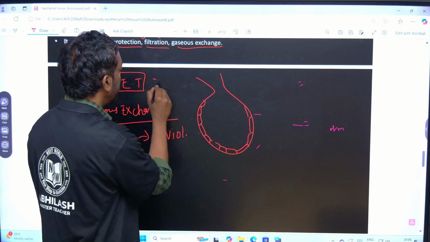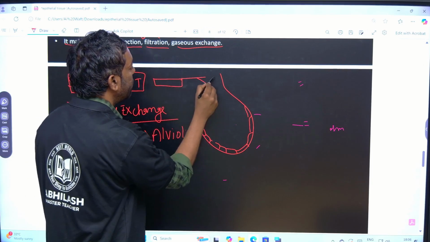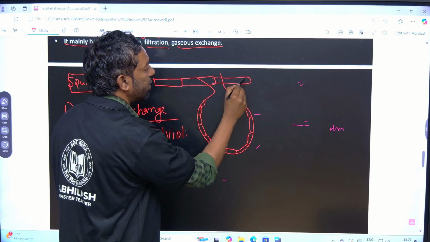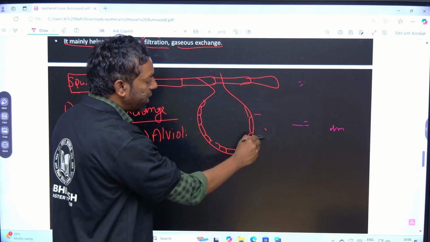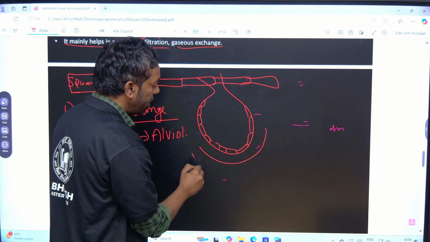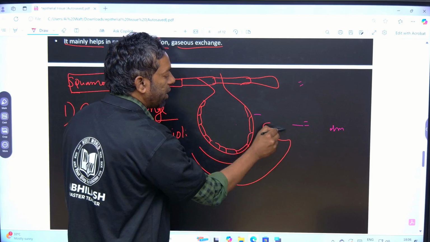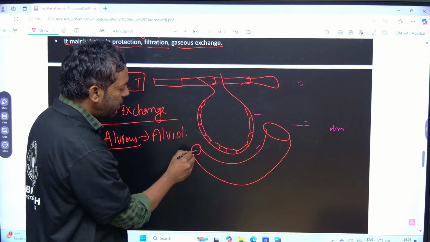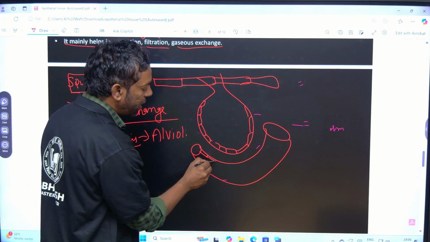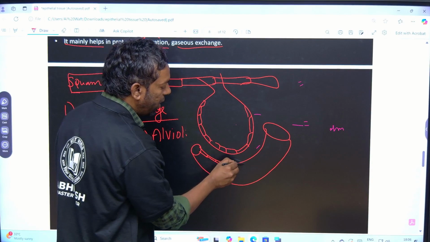Epithelial tissue like this. Squamous epithelial tissue is just like this squash-like structure. And the blood vessel we can call a capillary, pulmonary capillary. Blood vessel walls are made of endothelial tissue.